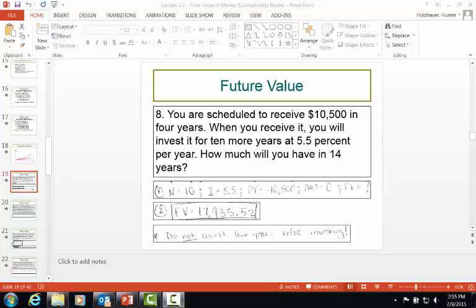So I'm going to do 10,500, and then there's a plus/minus sign at the bottom of your calculator. I'm going to hit that once, make that negative 10,500, and then hit the present value button. It should say PV equals negative $10,500. Now I'm going to hit 0 and then the payment button because we're not dealing with payment.